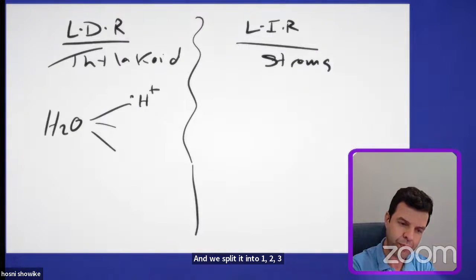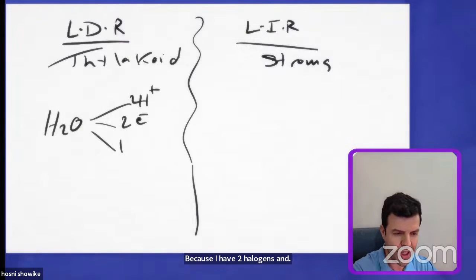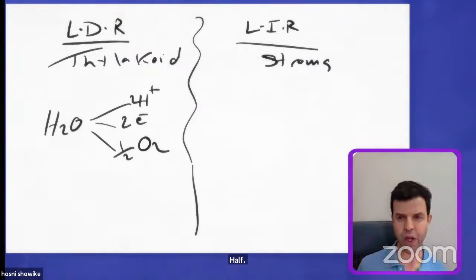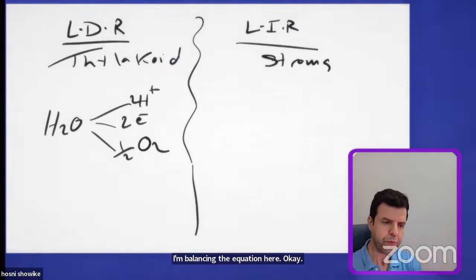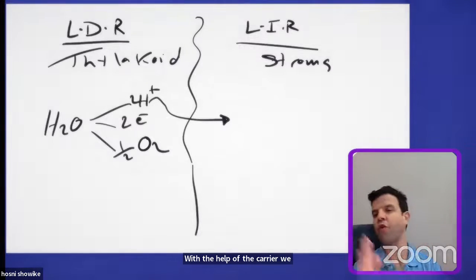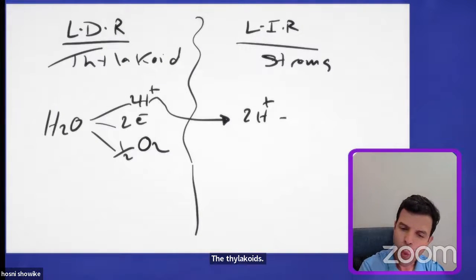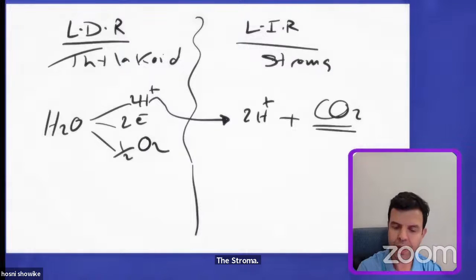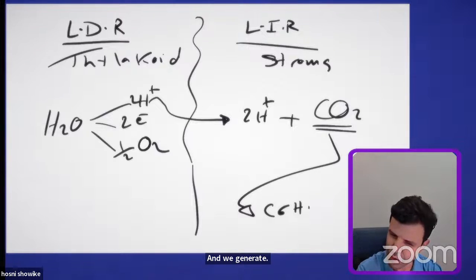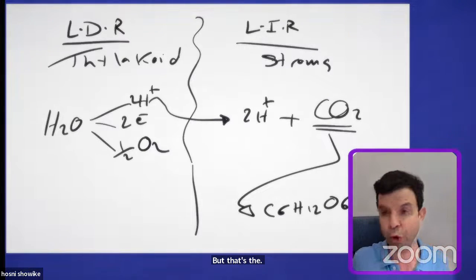H plus, 2 electrons, because I have 2 hydrogens, and 1 oxygen atom, or half an oxygen molecule. I'm balancing the equation here, okay? Then, with the help of the carrier, we transfer those H plus from the thylakoid into the stroma. We combine them with carbon dioxide, and we generate the glucose. This is a bit oversimplified, but that's the essence of what photosynthesis is all about.